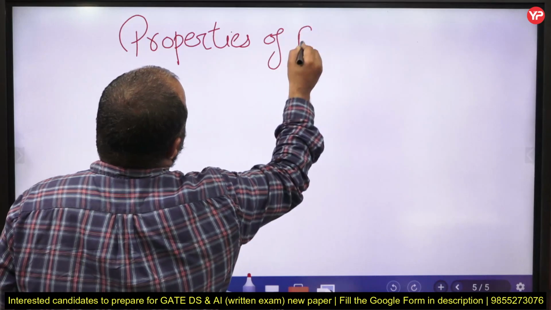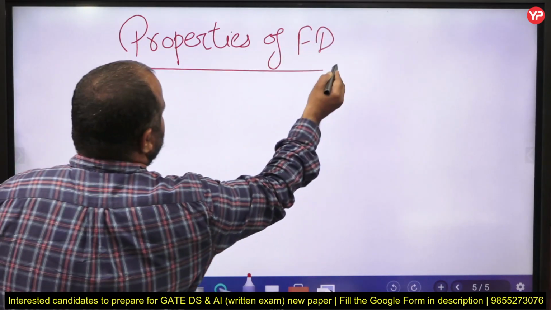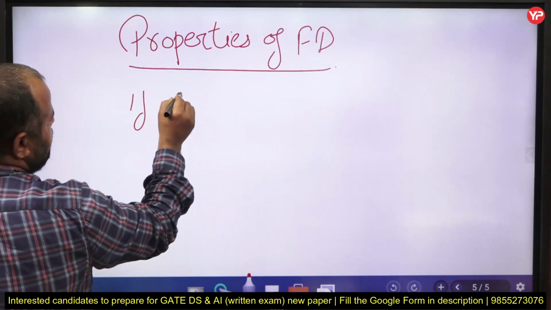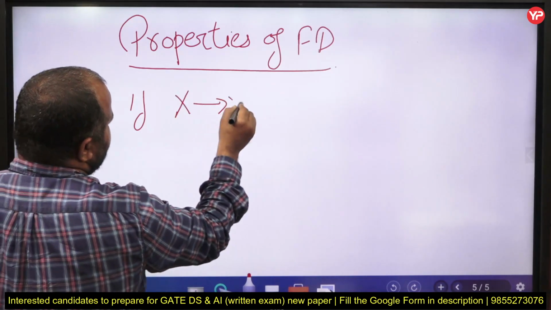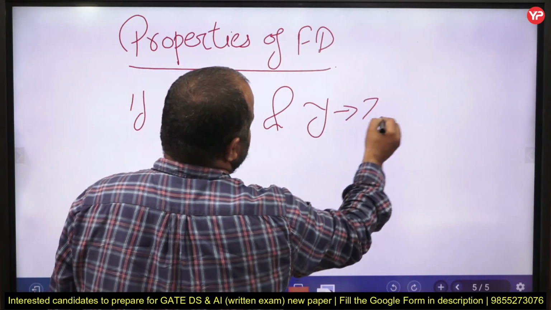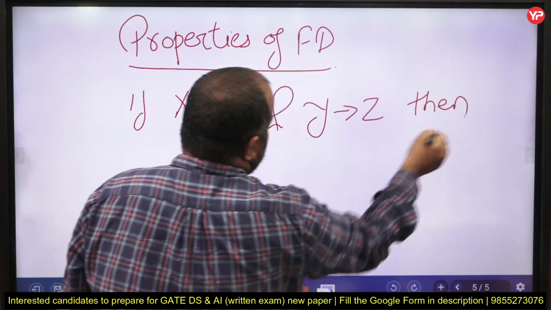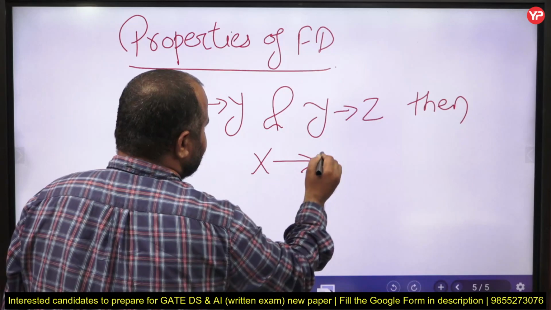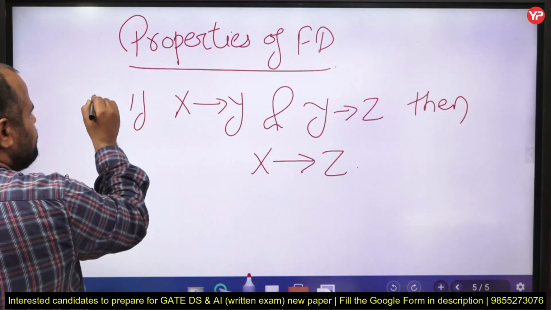Properties of FD. The first property is: if x determines y and y determines z, then we can say x determines z. That is the first property, keep in mind.